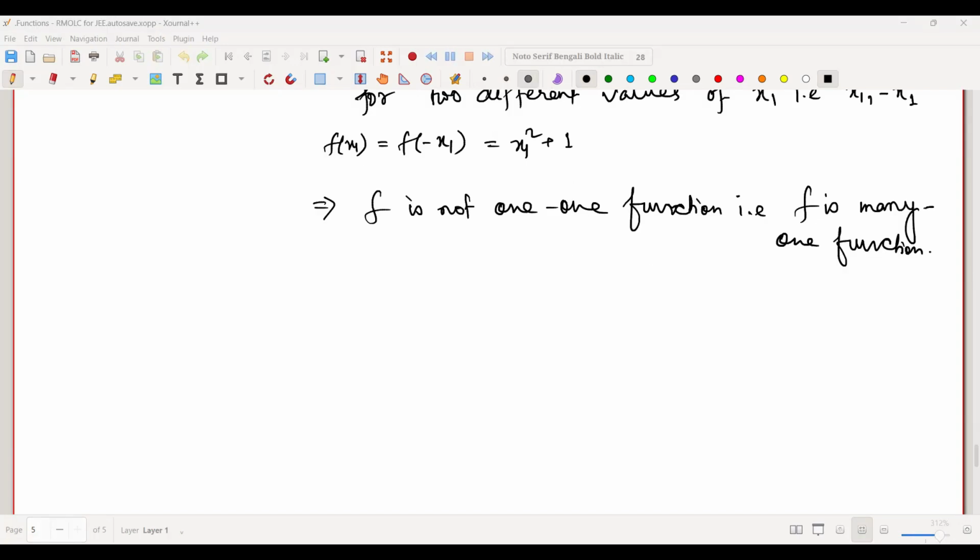So I think you have understood this, how to check one-one function, right? Yes. Okay, so now onto function check.